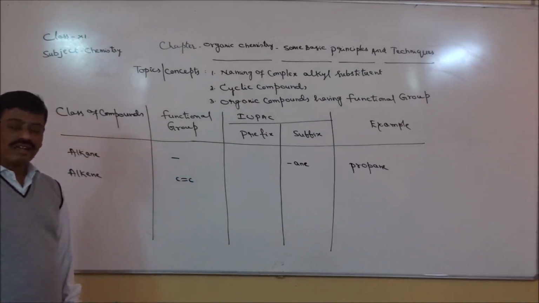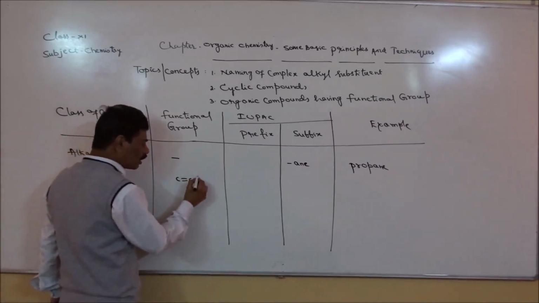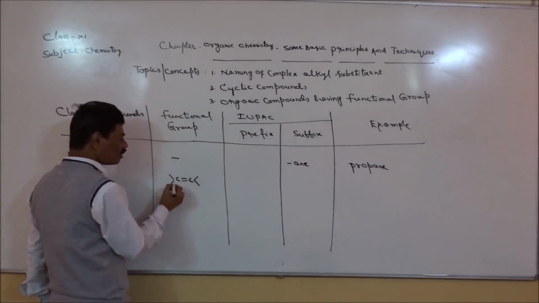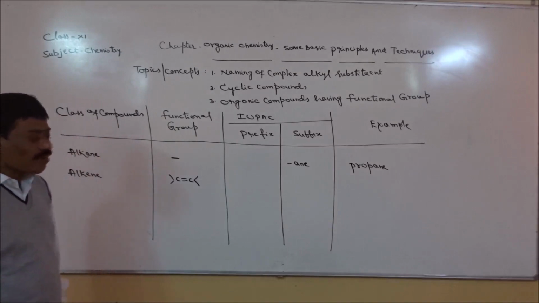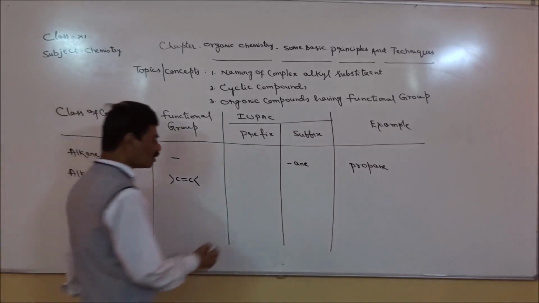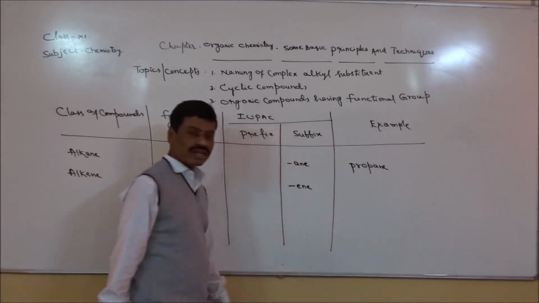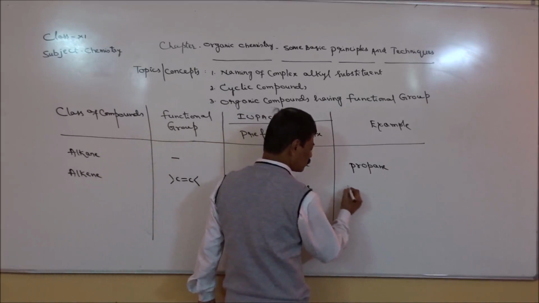Next, each carbon atom should be connected with a double bond because its tetravalency should be satisfied. Now, in the case of alkene, the name ends with "ene". So here, an example for this is ethene.